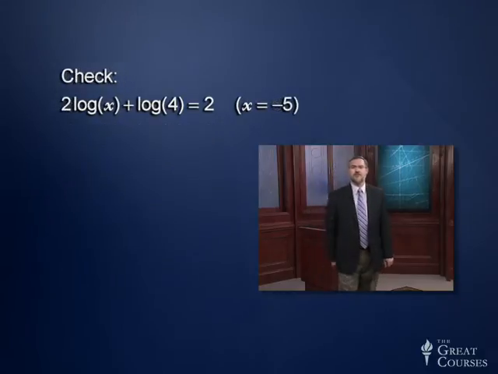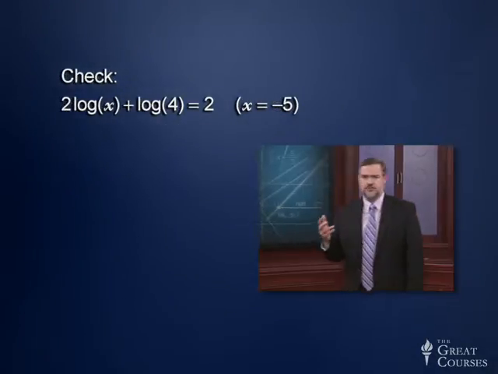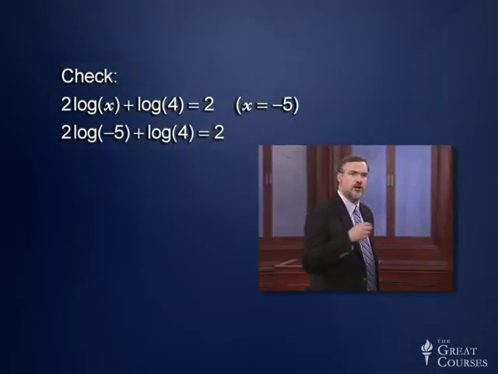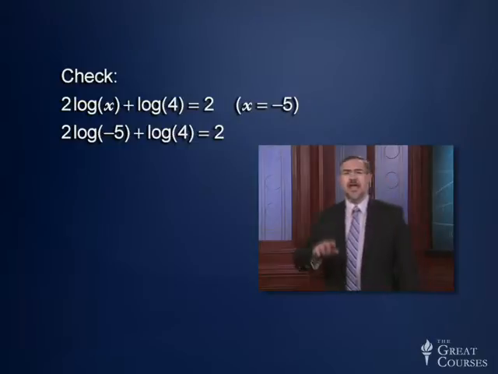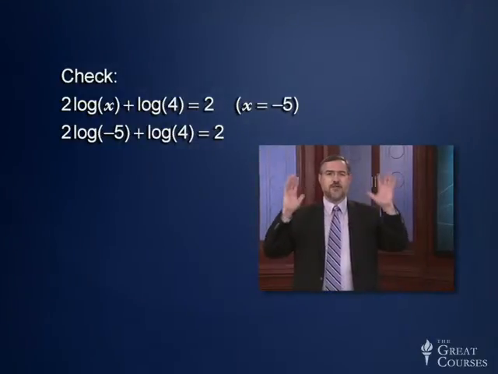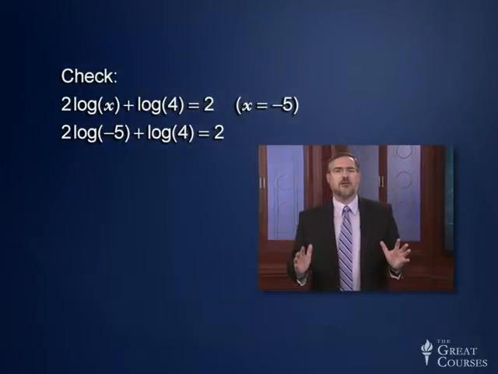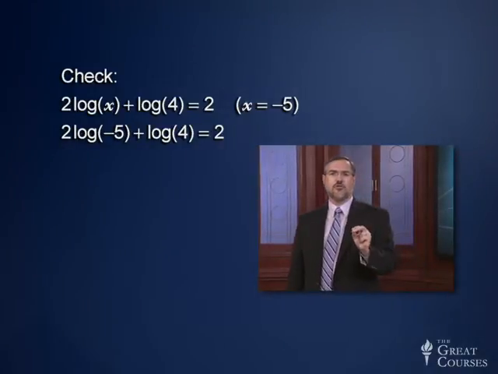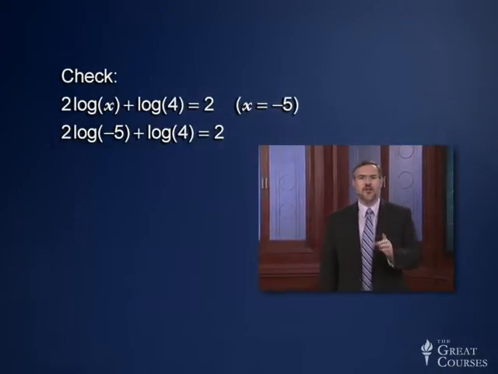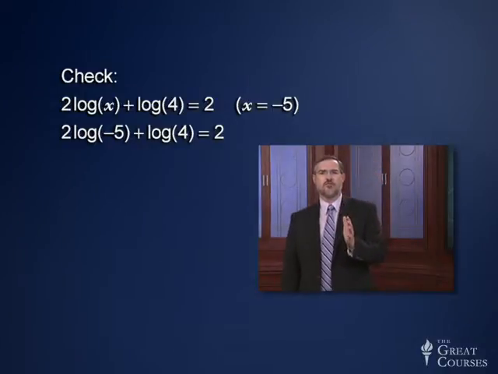Now, let's try negative 5. Well, I plug in negative 5 to the original equation, and I'm going to have 2 times log of negative 5 plus log of 4 equals 2. And at this point, we have to just scream, stop. And that's because remember that the domain of any logarithmic function is always the positive real numbers.